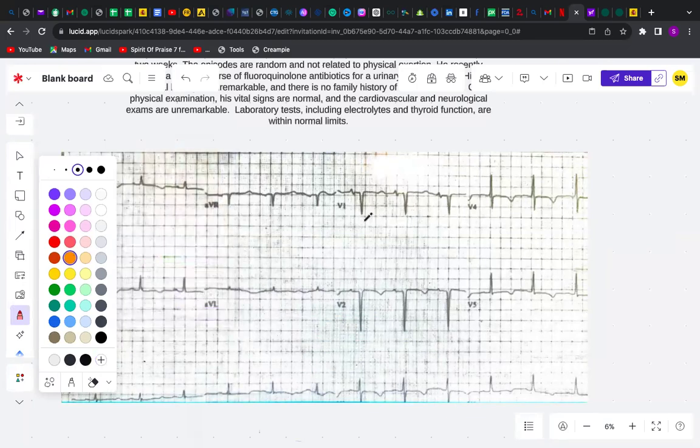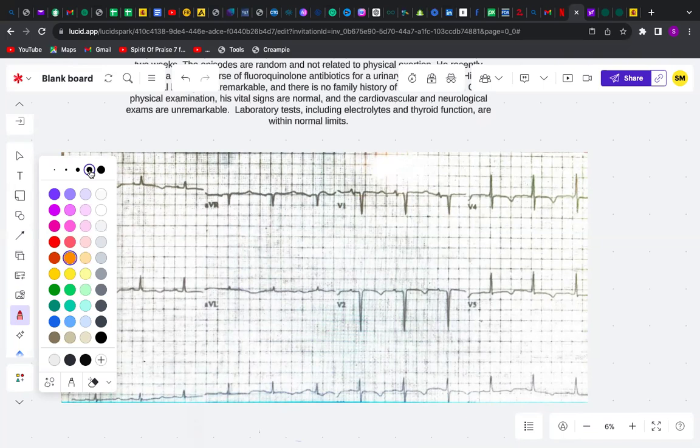In V1, you can see, what do you see? You can take a pause and think about it.